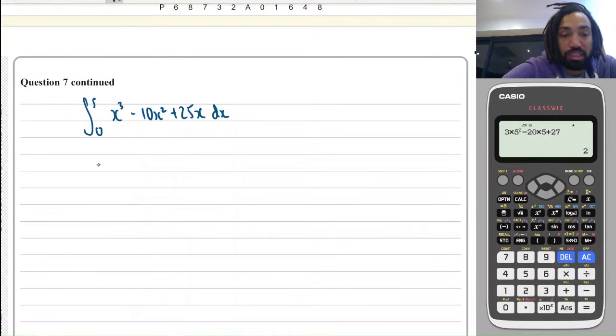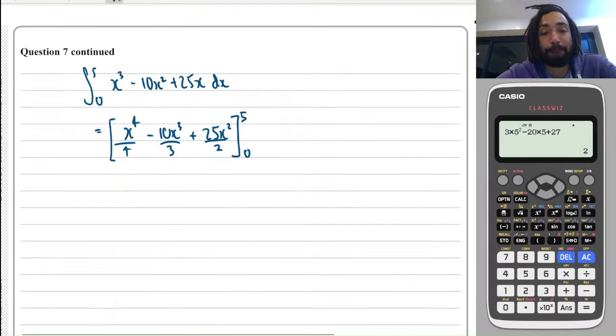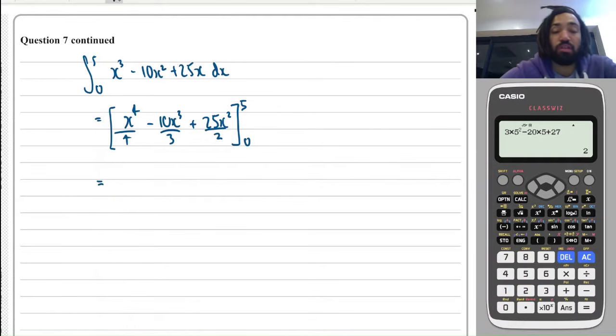Okay, great. Well, let's integrate that. So up the power to 4, divide by the new power, up the power to 3, and divide by the new power, up the power to 2, and divide by the new power, and then I need to sub in 5 and 0. Well, let's sub in 5, because 0 is just going to give you 0, because they're all x terms there. So 5 to the 4, divided by 4.